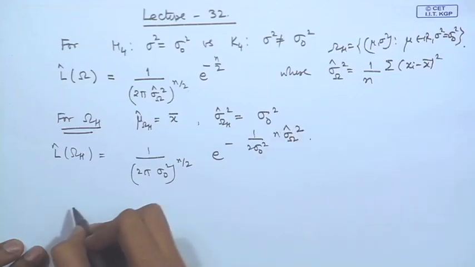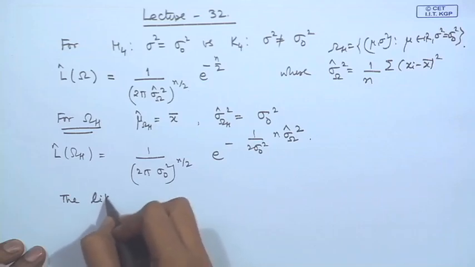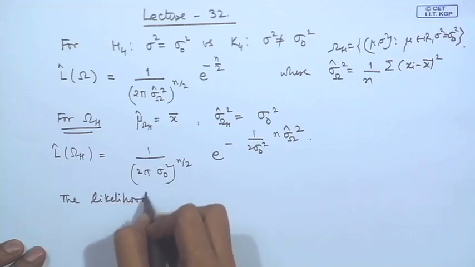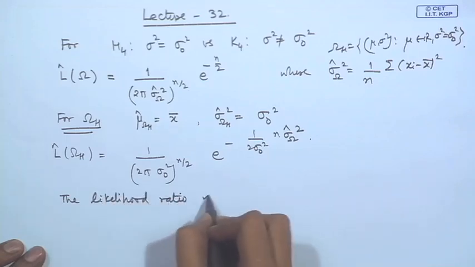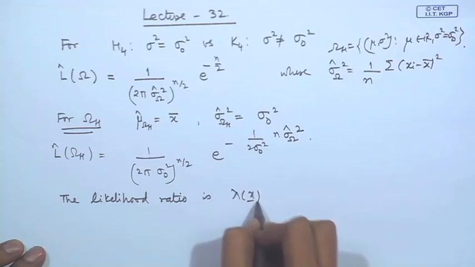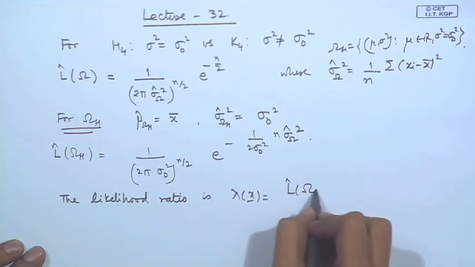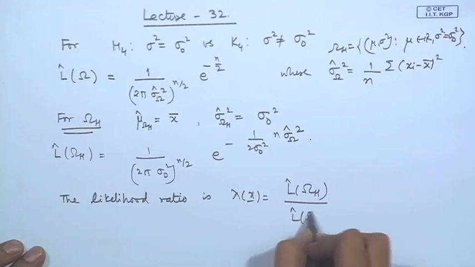So, if I take the ratio, the likelihood ratio is lambda x, that is equal to L hat omega H by L hat omega.